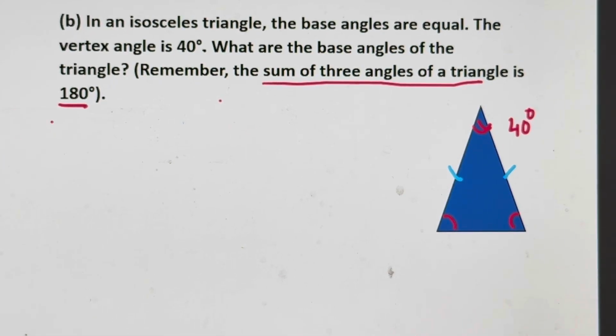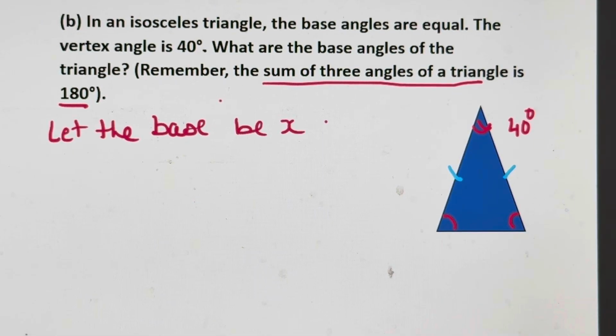That's the question. So we take let the base angles be x degrees. Right? So if this one is x degrees, this will also be x degrees because both are equal. It's an isosceles triangle. And sum of all the angles is 180. Right?